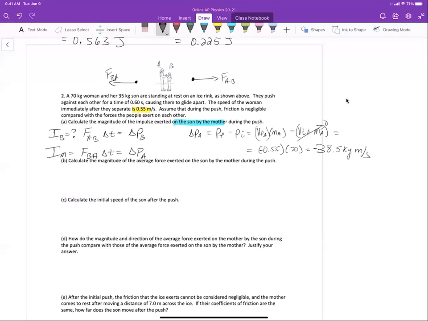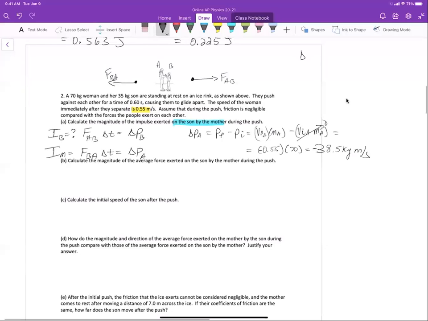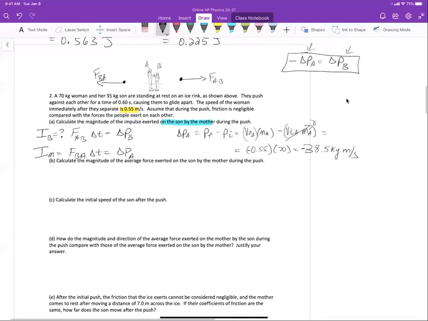Now that is the magnitude and direction of her change in momentum, okay? So if you recall, when we used Newton's third law to derive conservation of momentum, we know that the negative change in momentum of A is equal to the change in momentum of B. The change in momentum during a collision of B is exactly the change in momentum of A, just opposite direction, okay?